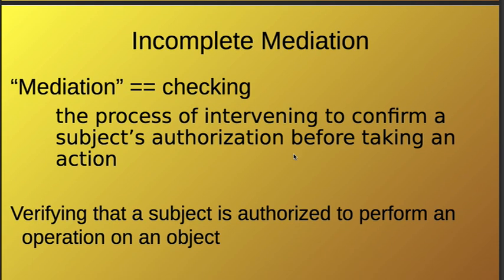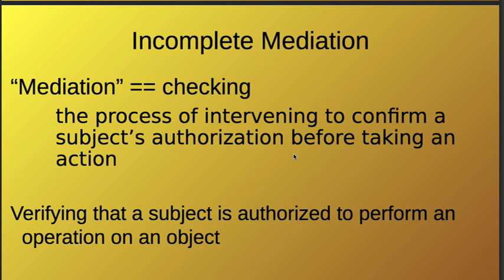Okay, so we saw how even the simplest possible operation, probably just adding two numbers, can give you overflow errors. The more complicated problems that programs run into are things like incomplete mediation. So what is mediation? In the context of this chapter and basically security in general, mediation means checking.